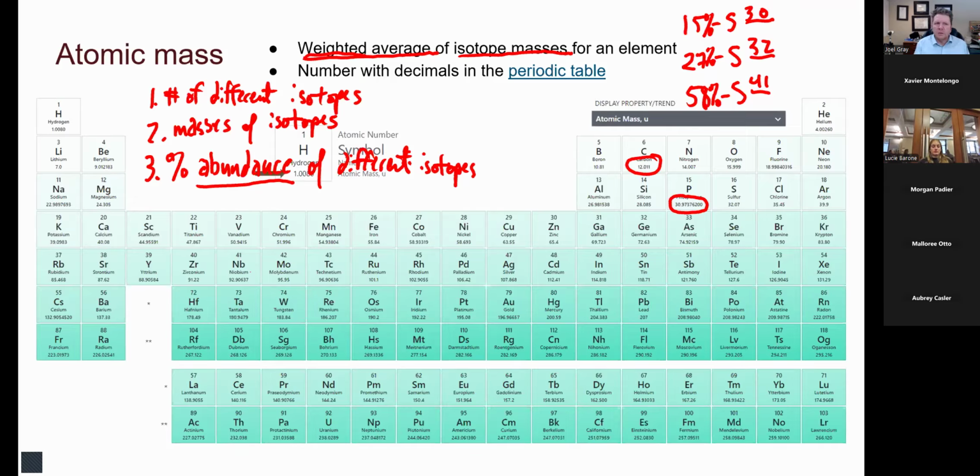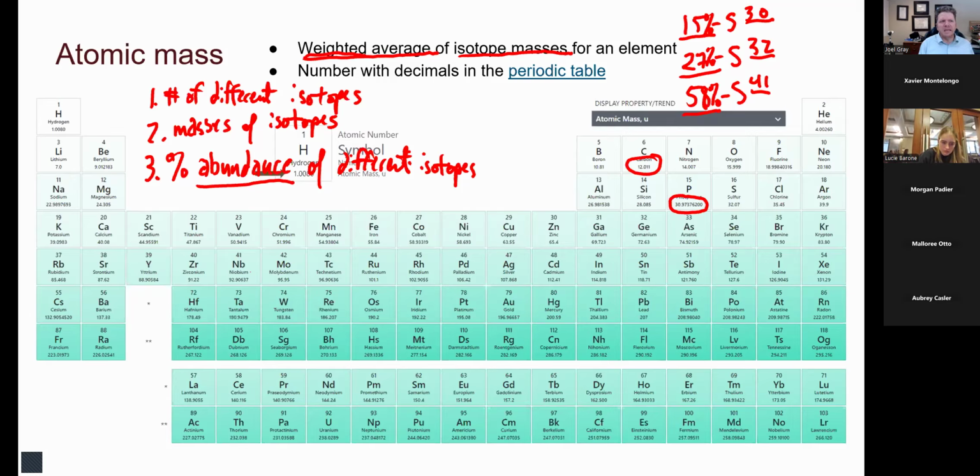In order to figure out the weighted average, here's what we do. We take these percentages and we convert them to decimals. I'm going to write it at the top of the screen, and hopefully it won't be too messy.